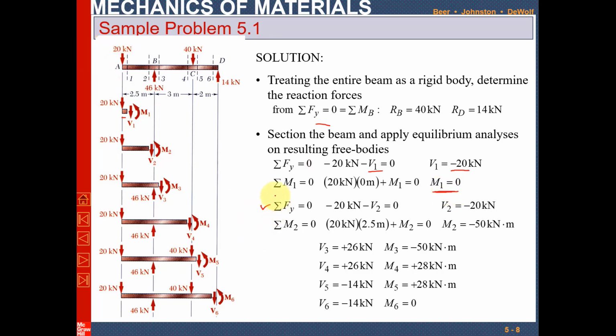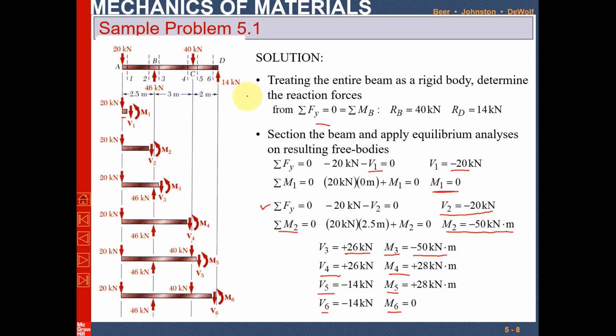Now at point 2, V2 is minus 20 that I have done a little earlier, and M2 is minus 50 kilonewton meter. At point 3, the shear force changes to 26, and M3 is again the same as M2, minus 50 kilonewton meter. Similarly you can find out V4, M4, V5, M5, and V6 and M6.